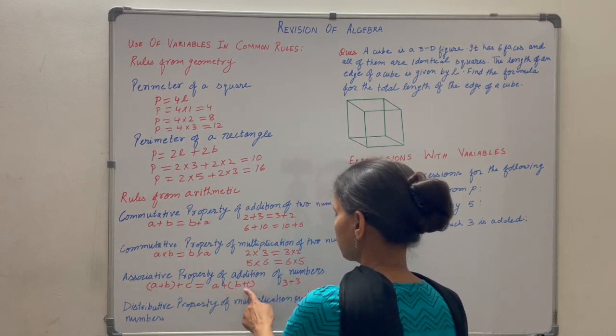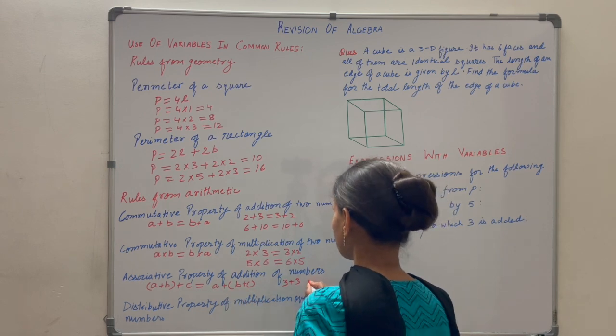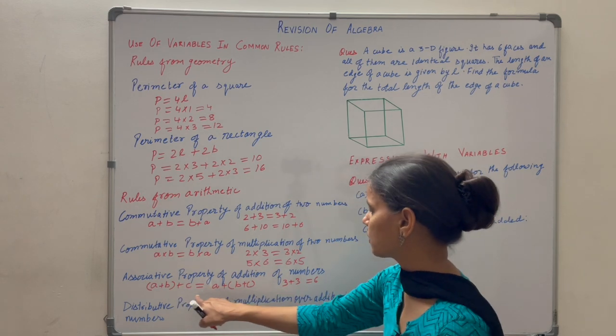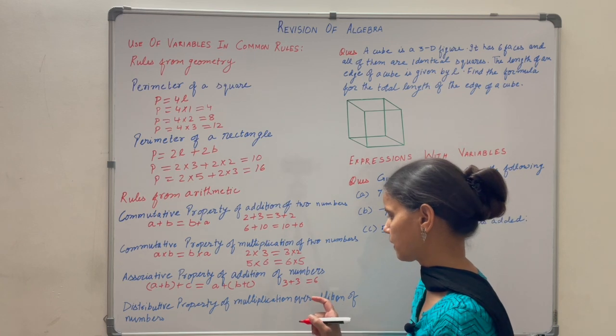And here B and C are 2 and 3, so 5, and 5 plus 1 is 6. So both sides it is 6.